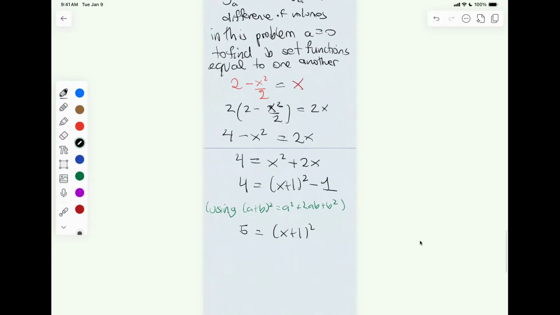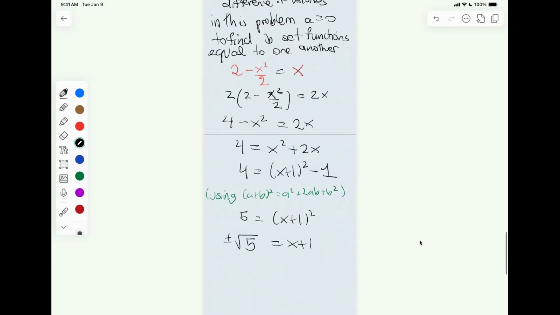When you take square roots, you get a plus or minus. So you get plus or minus root of 5 equals x plus 1, and so plus or minus root of 5 minus 1 would be x. But we want the solution that's positive for the diagram to work. So you have to use the plus solution here, because otherwise this would be negative and this would be negative.